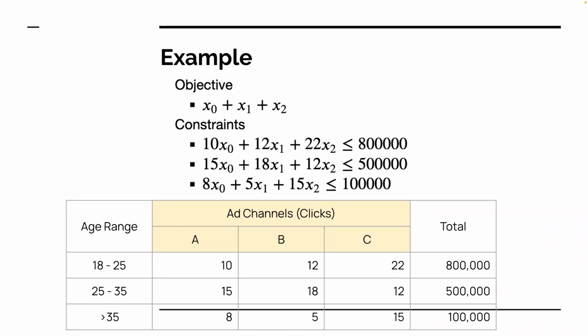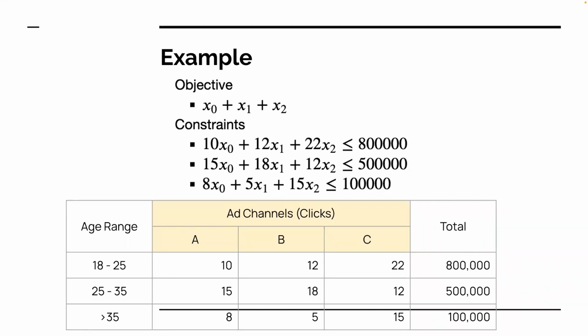Let's assume we have X0 clicks being generated from A. If that's the case, then it would have taken 10 impressions in the range of 18 to 25, or 15 impressions from the range of 25 to 35, or 8 impressions from greater than 35 to generate this click. So this is one of those things that can happen.